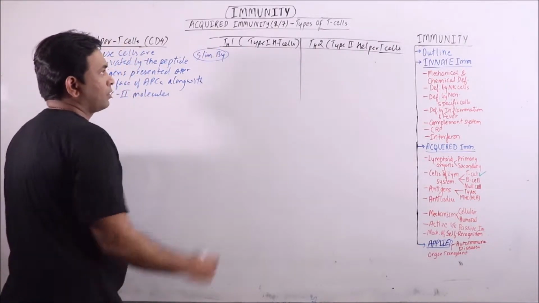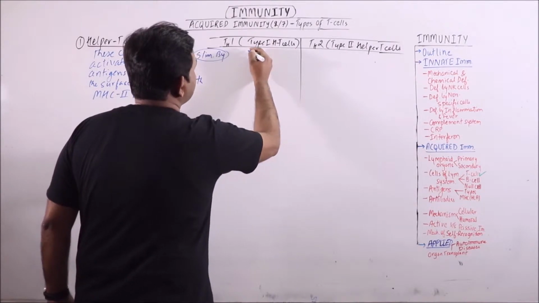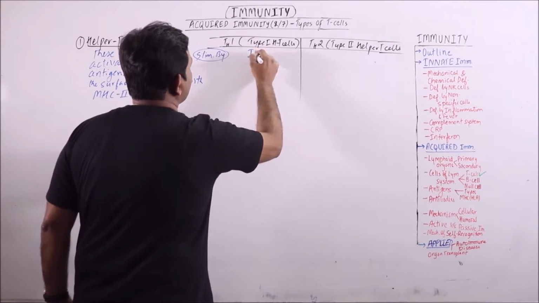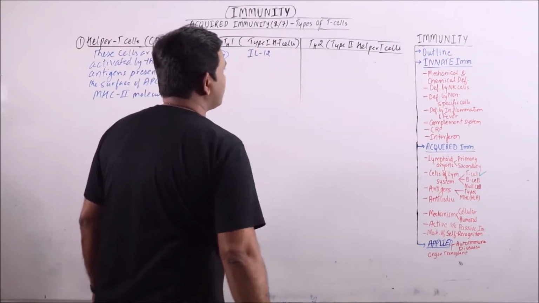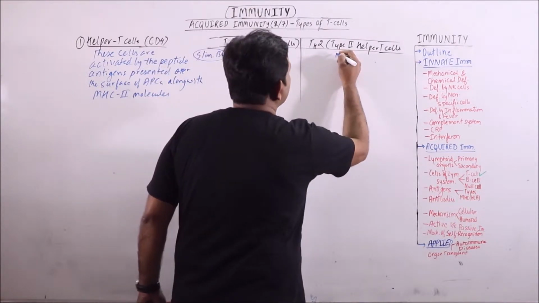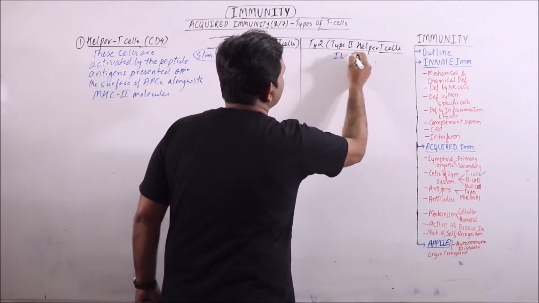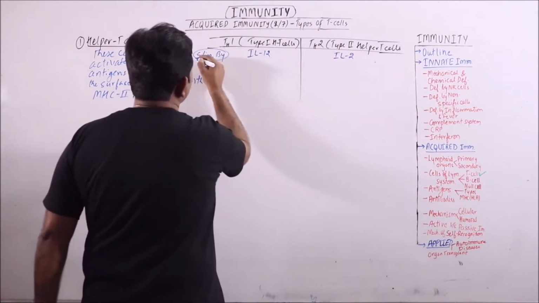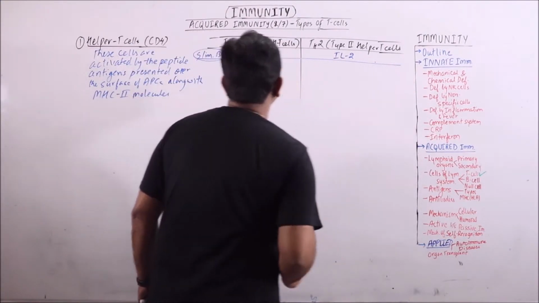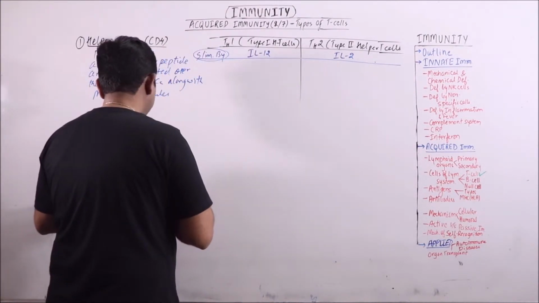Type 1 helper T cells are stimulated by interleukin 12, while type 2 are stimulated by interleukin 2.